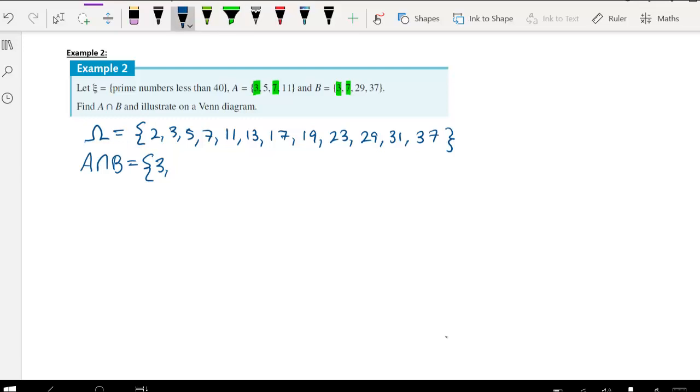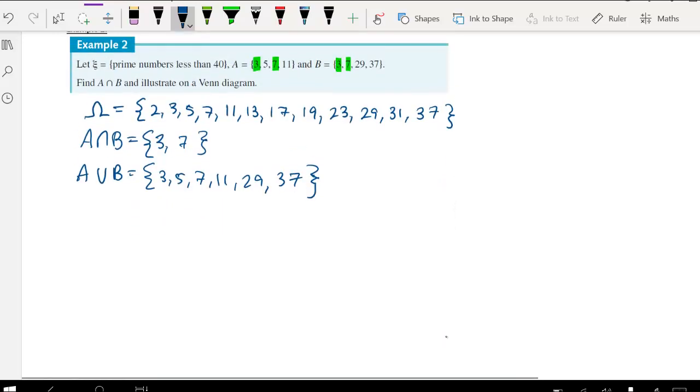So 3 and 7 is our intersection. Our union will be 3, 5, 7, 11, 29, and 37, so the values that exist in either or. And from this, we can draw a Venn diagram.